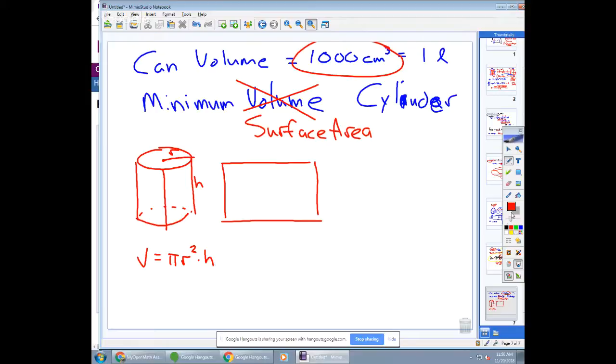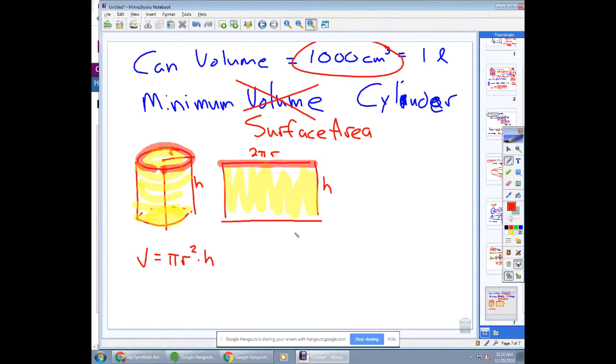The surface area of the can has a circular surface here and a circular surface down here, and then this rectangular surface that makes the side of the can. Once you cut and unwrap this cylinder, the top edge is just the circumference of the circle on the top. And the circumference is 2 pi r, and there's the height.